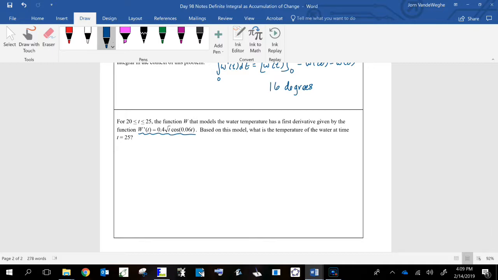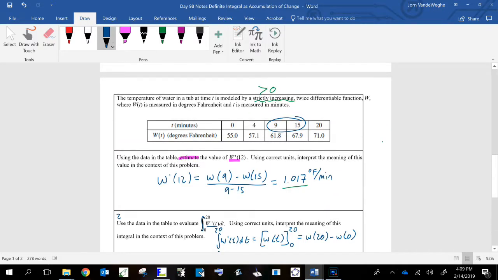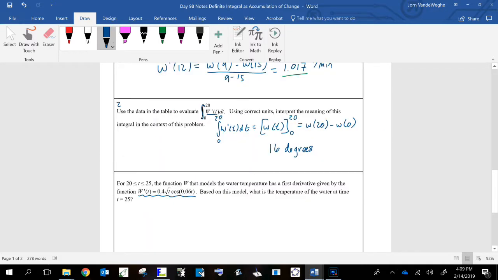Okay, that's important. Also, do we know what the temperature of the water is at 20? We do. We're told what that is at the table here, 71 degrees at t equals 20 minutes.